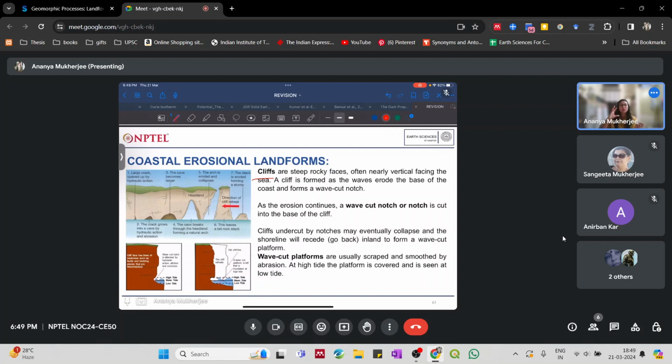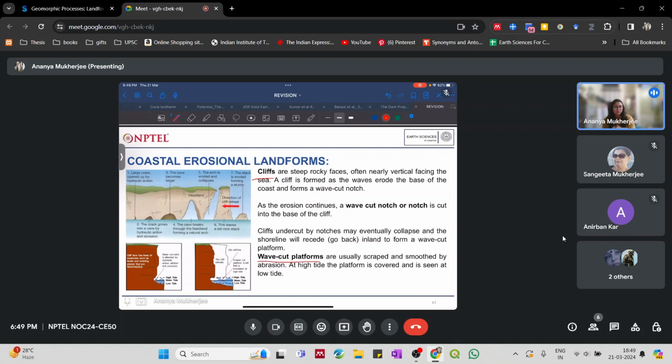And when the top part of this wave cut notch is not supported by the eroded bottom part of the headland, it collapses, or it can create caves and different kinds of other features. And the steep rocky face, where the land is meeting the sea, that is called a cliff.